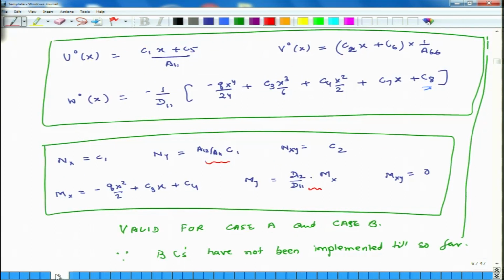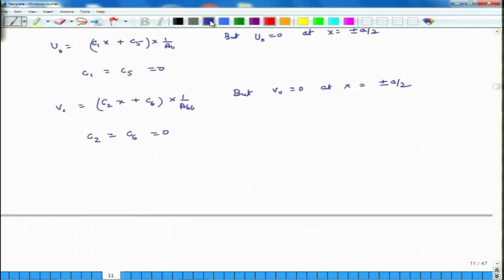So, first we will try to implement the condition for Mx. Mx is equal to minus qx square over 2 plus C3x plus C4, and we know that Mx equals 0 at x is equal to plus minus a over 2.